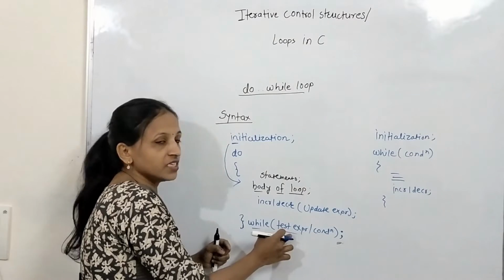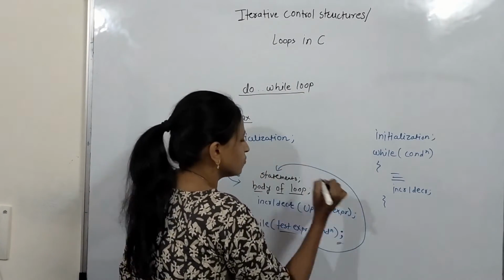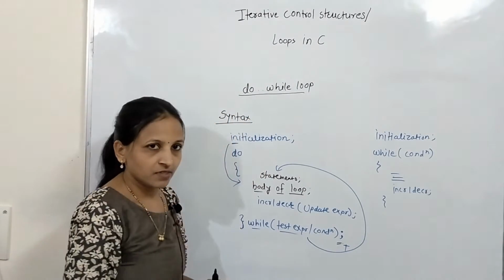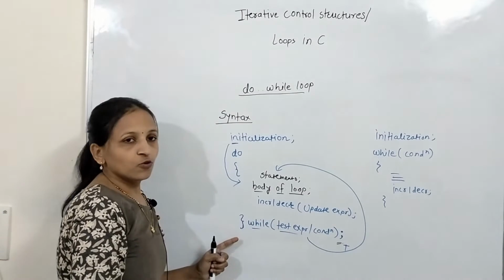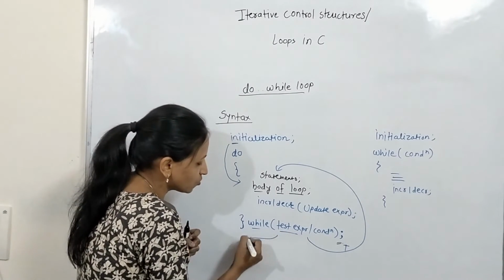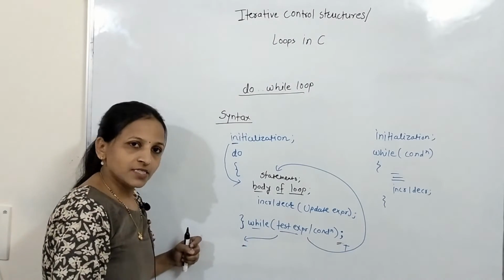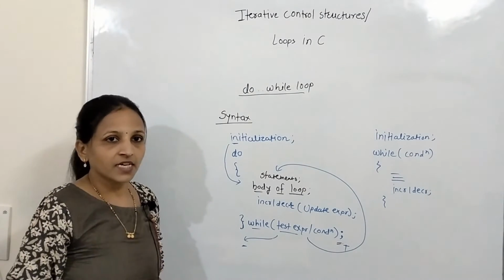Then if this condition is true, control will come back to execute the statements again. Getting my point? In this way the do while loop will get executed. If this condition is false, then control will directly come here at this place. In this way this do while loop will get executed.